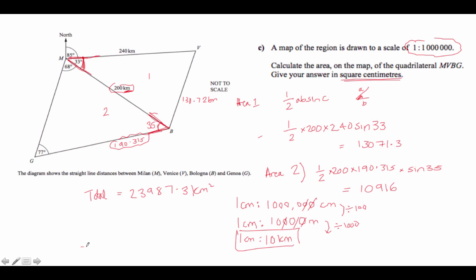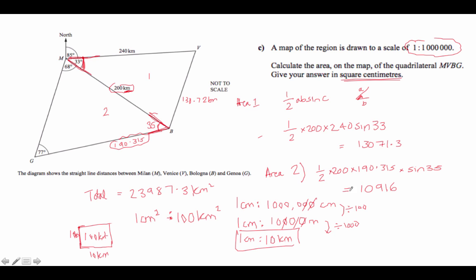So if we've got 1 centimetre representing 10 kilometres, well, 1 square centimetre, or 1 centimetre squared, would be 10 kilometres by another 10 kilometres, or in other words, would be 100 kilometres squared. So we can say that 1 centimetre squared on our map is equivalent to 100 kilometres squared in real life.